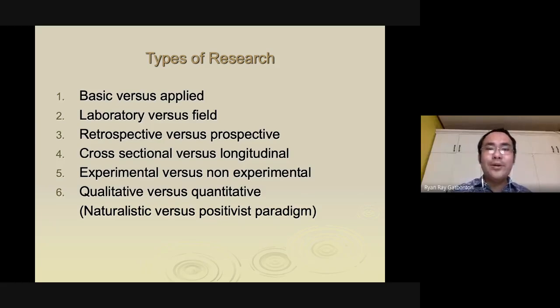When we say laboratory research, as the word would tell you, this research is done in the laboratory. But what is most notable in laboratory research? Despite the fact that it's done in a laboratory, it is a research that is full of controls. We want to do laboratory research because we want to minimize extraneous variables.